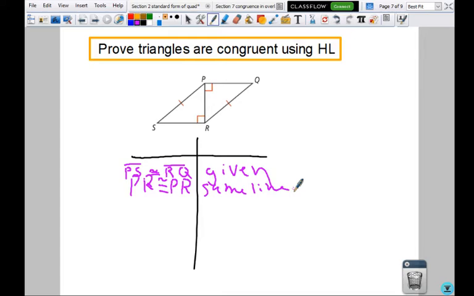So I'm gonna say PR is congruent to PR because it's the same line. You have to write the SRP.